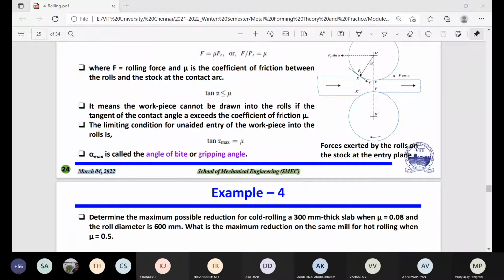Vishnu, Kiran, what happened? All became silent. 65 students, nobody is responding. Anirudh, Amal, what happened?